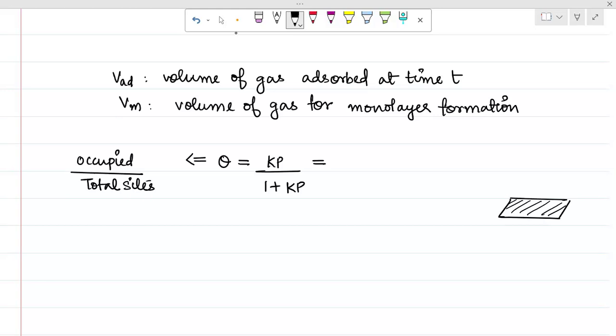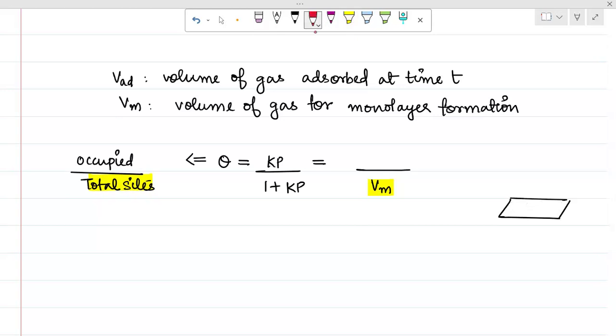And if that forms a monolayer, the volume of the gas required to completely cover it is going to be Vm, correct? So I can write that total sites can be equated to the volume required to form the monolayer. The total number of sites can be similar to Vm. Why? Because monolayer volume is the volume of the gas which is required to completely cover the whole solid surface. Okay. Now, in certain cases, the whole of the solid surface may not be occupied.